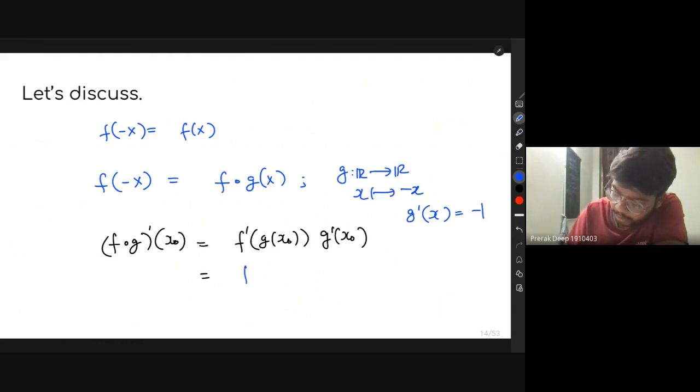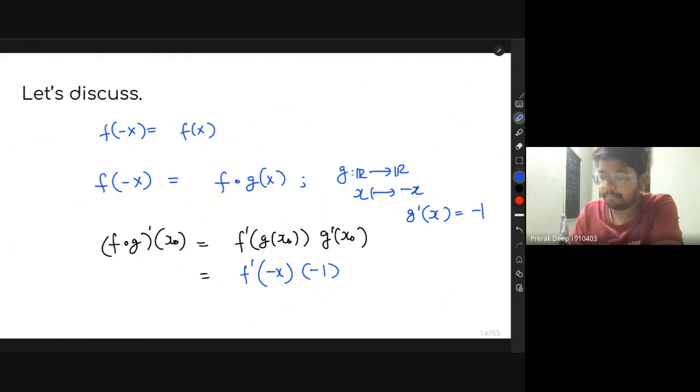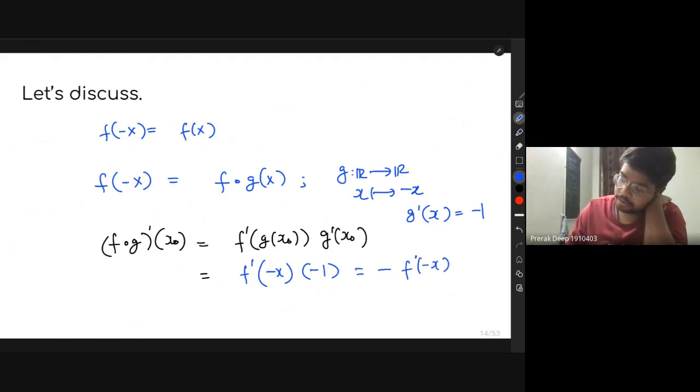We don't know what that value is, but we know the derivative exists, because it is given in the question. So the derivative of g at x naught is minus 1, and as a result we get this. Now what was our right hand side? The right hand side turns out to be minus of f prime of minus x.